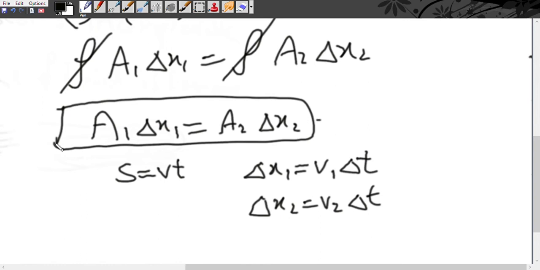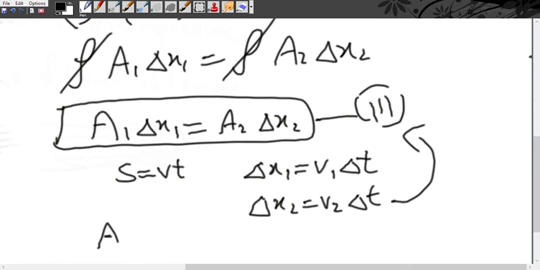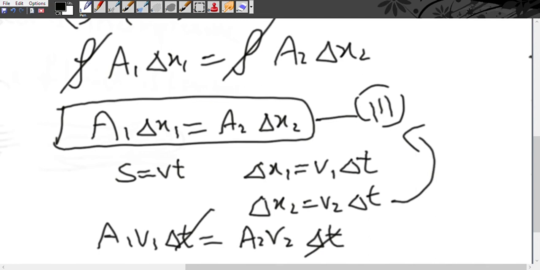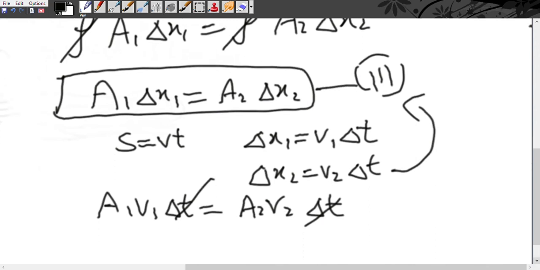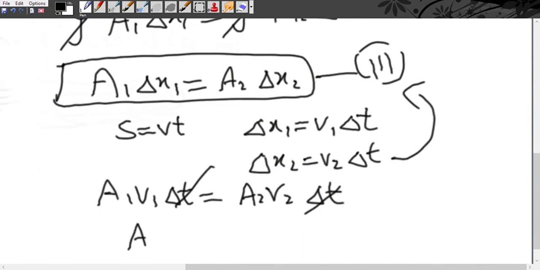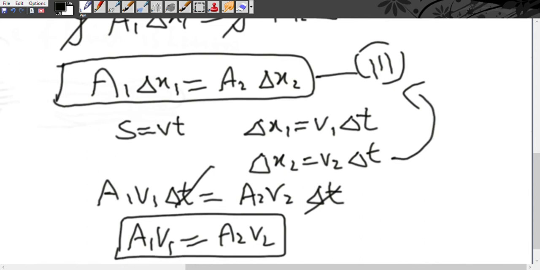We will call this equation 3. Put these values in equation 3. We will get A1 V1 delta t is equal to A2 V2 delta t. Delta t will cancel, and our final equation is A1 V1 is equal to A2 V2, and this is the basic form of the equation of continuity.